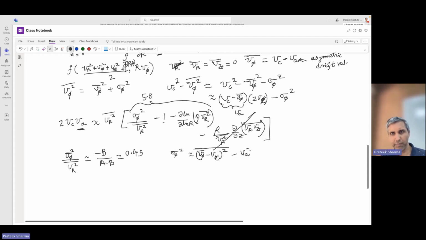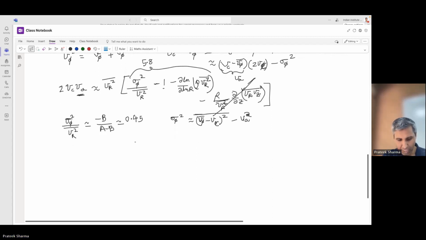So this is the asymmetric drift velocity value. There are little subtleties. There is vc, there is v phi bar. They are not exactly the same. They are similar, but they differ by this va, which is small. So if you do all this, and if you plug in the values for sigma phi squared by sigma r, or vr bar squared, right, then you can actually measure the asymmetric drift velocity.